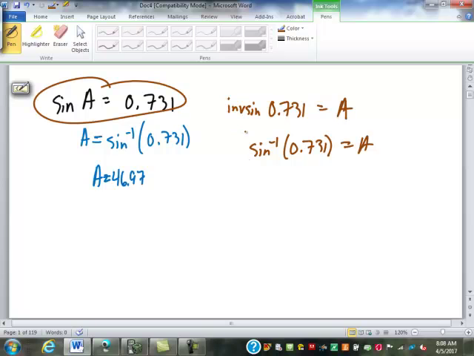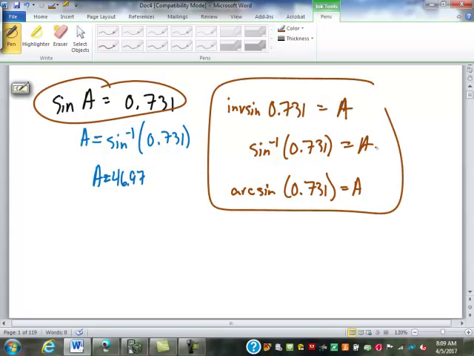Then remember the third and the fourth notation that we can run into is the term arc sine. Remember, arc sine is the same thing as inverse sine. It's just telling us do that inverse sine of that value to figure out what the angle is. So all of those notations are asking us to find the value of angle A.